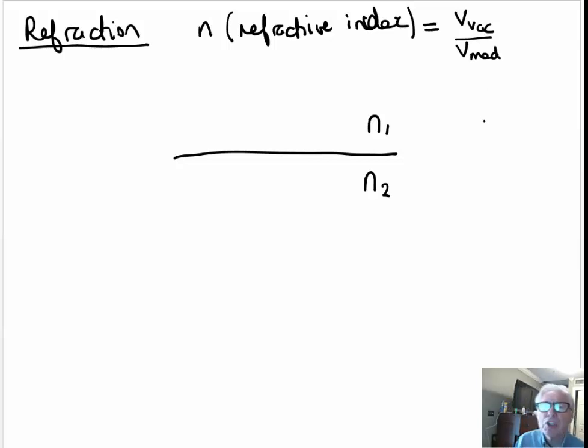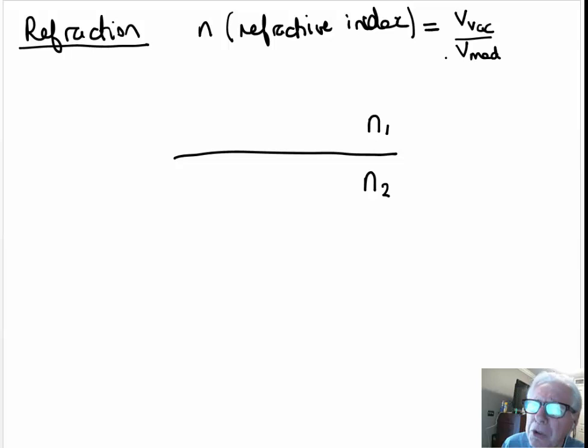It's a measure of how much the light slows down. If the refractive index is 1, then inside the medium the light travels at the speed of light in vacuum, 3 times 10 to the 8 meters per second. If the refractive index is 2, then the velocity within the medium is half the speed of light in vacuum, so it's traveling at 1.5 times 10 to the 8 meters per second.